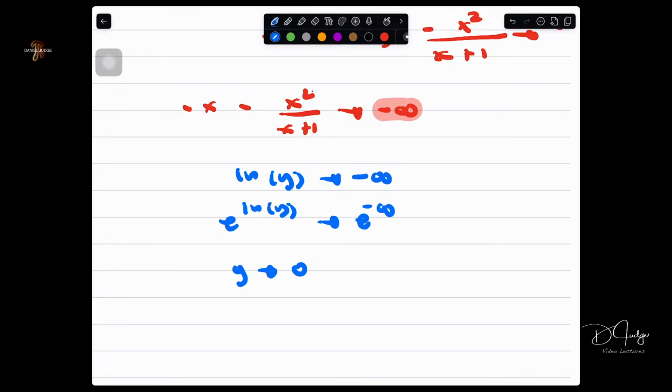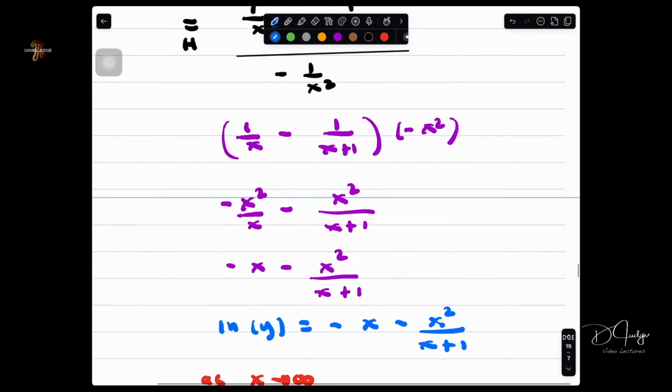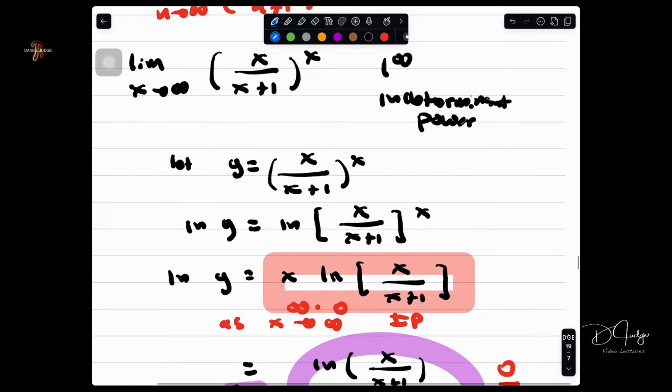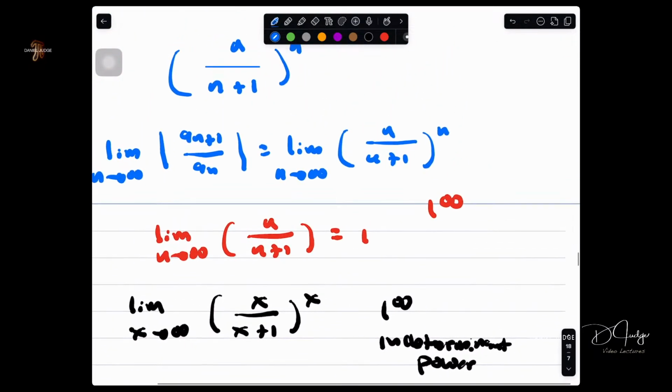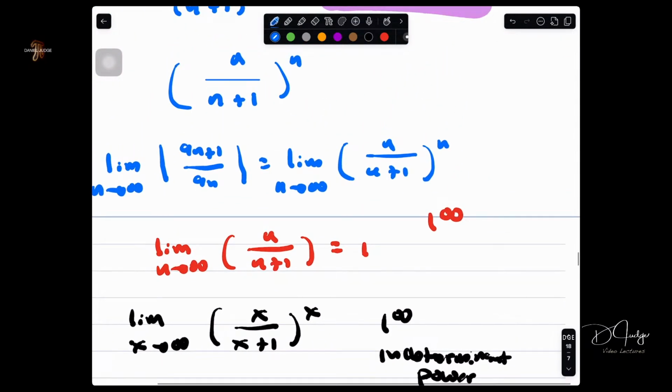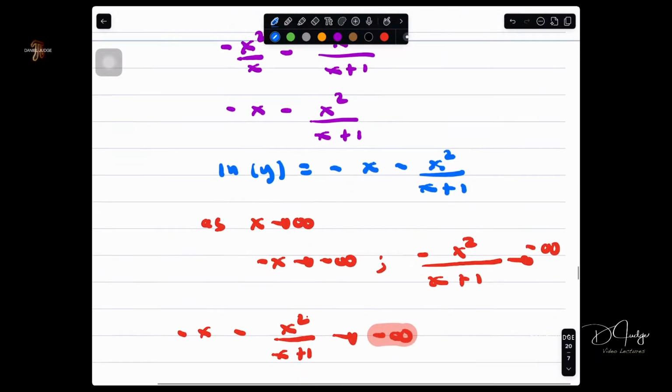Let me go back and double check here. Exponential function, e to the x, x is going to minus infinity. Yes, y goes to 0. So what did we just see here? Essentially, this limit equals 0.